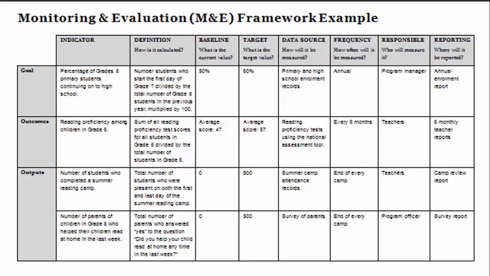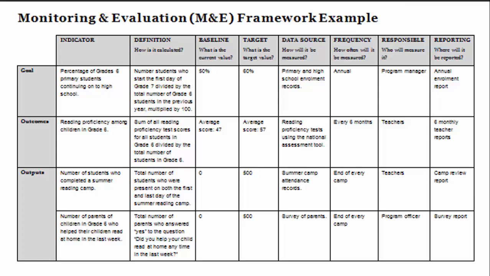So you have the definitions, the baseline, the target, the data source, the frequency, who is responsible, and the reporting. All those rows and columns are what make up the framework matrix.